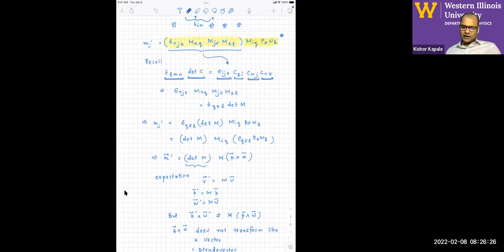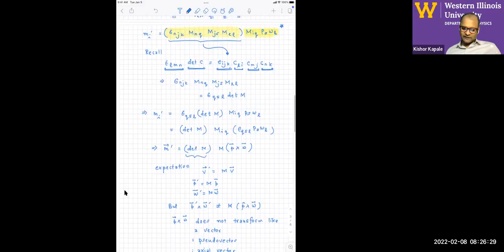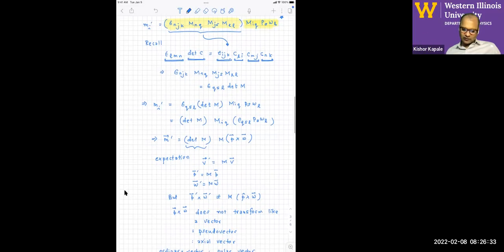So we have now an opportunity to simplify it. We don't need to carry all of those indices, the I is getting summed over. And so we're going to replace the epsilon njk, mnq, mjs, mkl by, so let's see what happens.